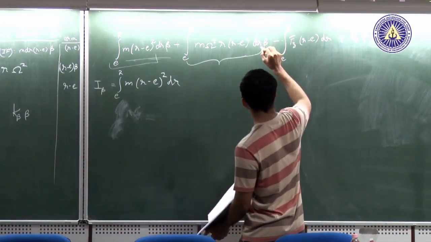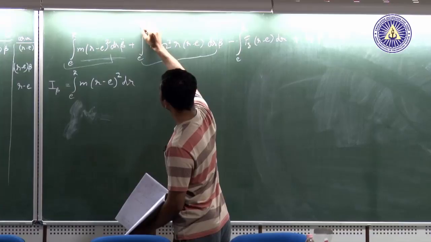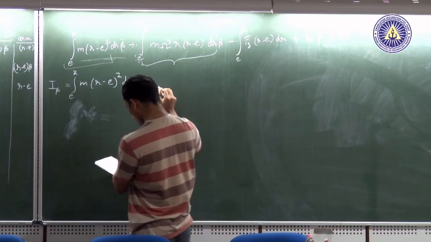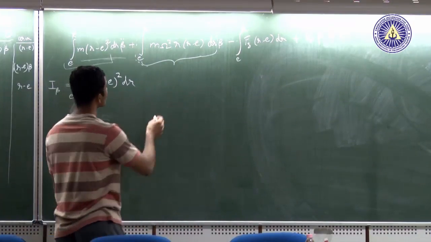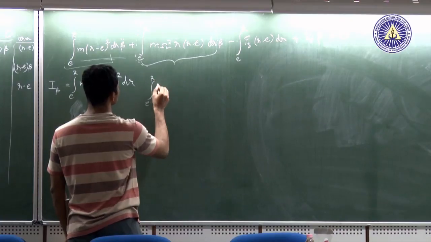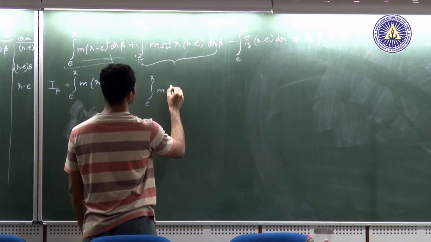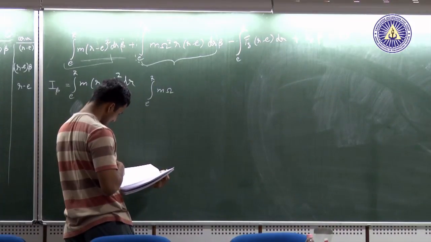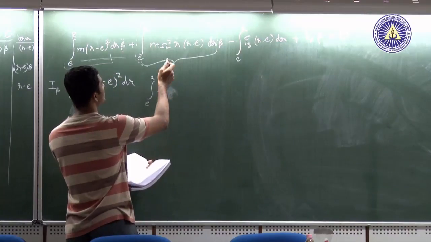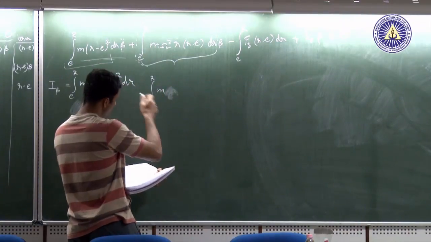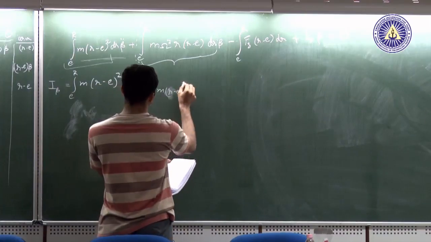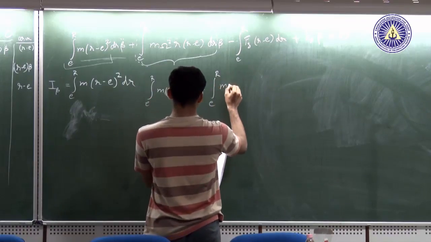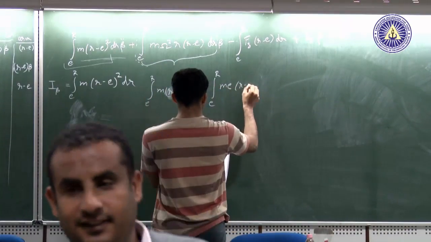I am just going to take this integral and write it down here. Integral e to R of m omega squared, and let me not worry about this omega because it's constant, (r minus e) whole squared dr, plus integral e to R of m e (r minus e) dr.